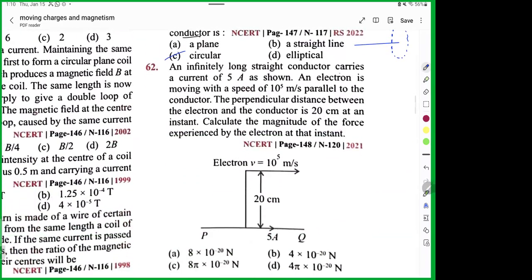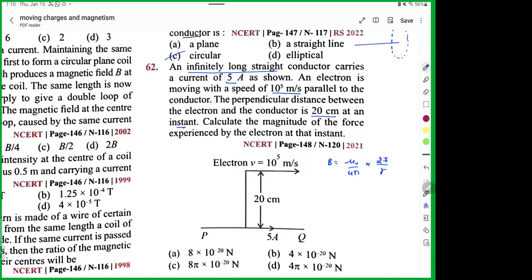Next, Pratigya. Infinitely long straight wire. In this case, the formula is equal to mu naught upon 4 pi, 2I by R. This is the formula. Current is this. An electron moving with speed this parallel to the conductor, perpendicular distance between them is this at any instant.